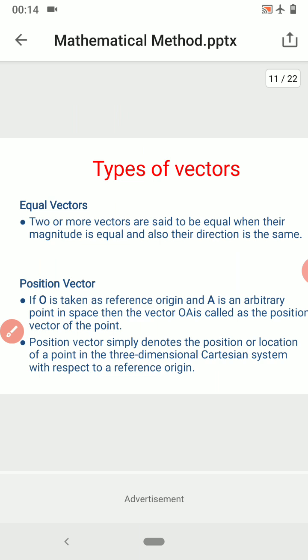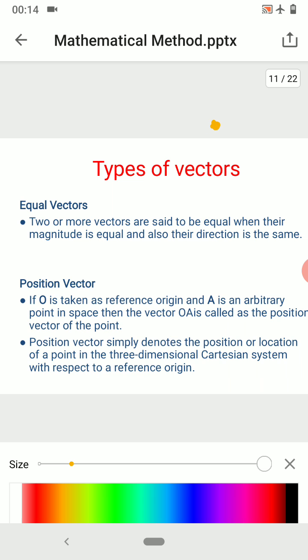Okay, then the position vector gives you the position of the object. A vector which gives you the position of the particle at a point with respect to the origin of a chosen coordinate system is called the position vector of the particle. So if you have to find the position of this particle, then you have to choose some system.